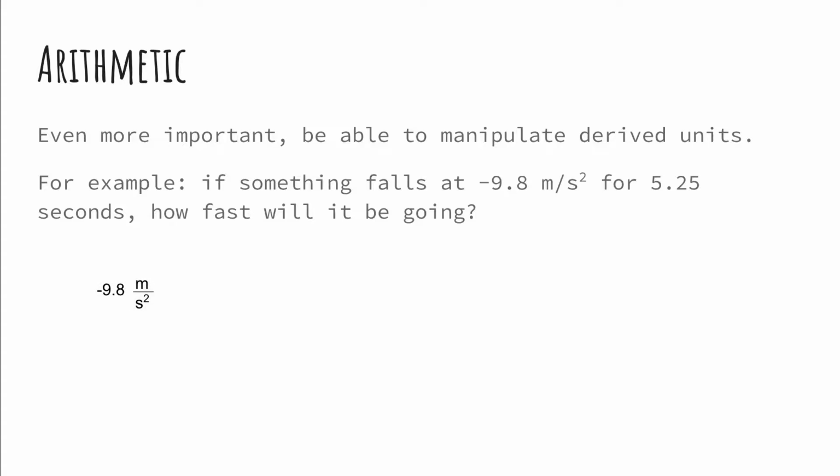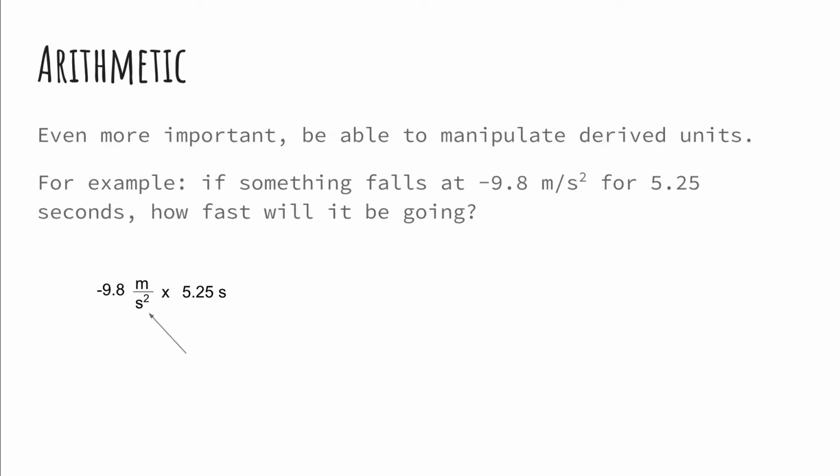So there's our measure of acceleration, 9.8 meters per second squared. That is to say, it is falling downward, hence the negative sign, and its speed is changing at 9.8 meters per second every second, hence meters per second squared. So we multiply that by 5.25 seconds.